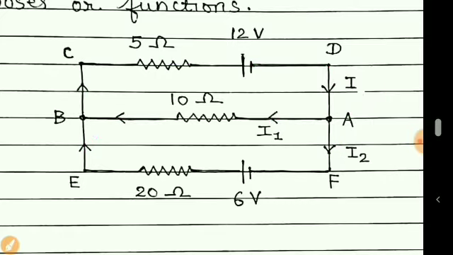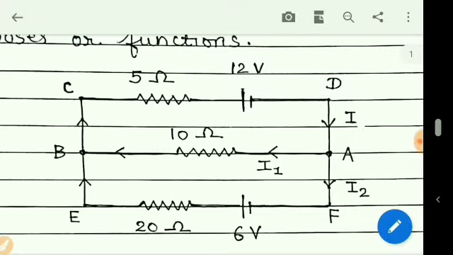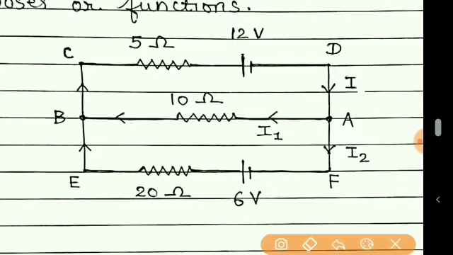Now about loop. Loop is a closed figure. So here also you can see in this network how many loops are there. You can see this upper loop A, B, C, D, A. This is one loop.